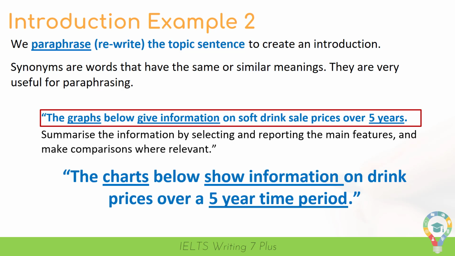And I changed slightly 5 years into 5-year time period. So that's another phrase that is very similar. There are no huge changes really other than what we have seen. All I need to do is change some of the vocabulary to paraphrase the topic sentence in the question.